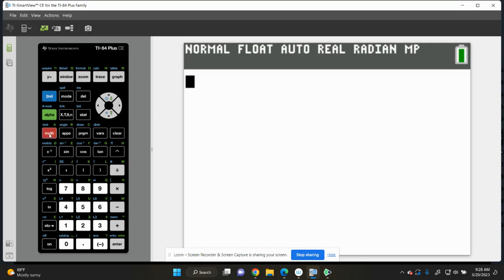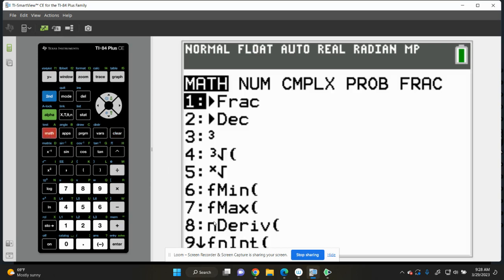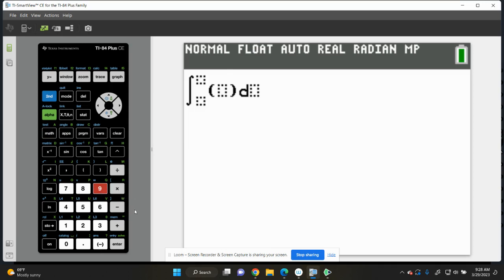So we're going to go to math. And instead of choosing n-deriv, we're going to choose FNINT, basically function integral, number 9. And we're going to go from -1 to 2.